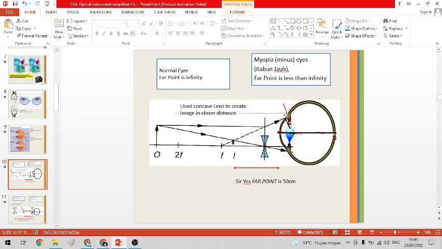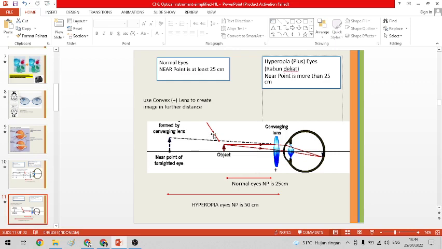Now this person can see it clearly because the image is within the far point of this person, for example 50 centimeters. So the eyes will see the image instead of the object. It tricks the eyes. It makes the eyes think that the object is near, but actually it's far.